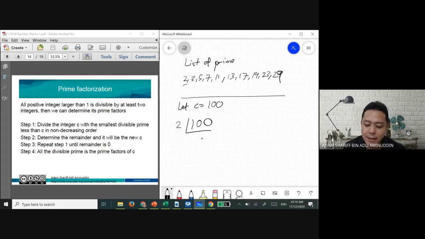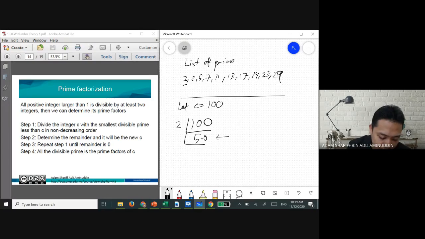It means that it is a prime factor, smallest divisible prime factor to 100, which is 2. 2 divide 100 dapat 50 as the quotient. Sekarang ni, imagine this will be like a quotient, tak ada remainder, dia kosong.